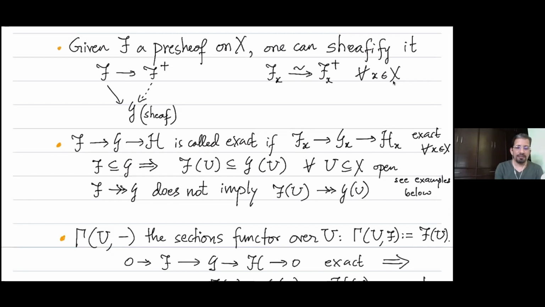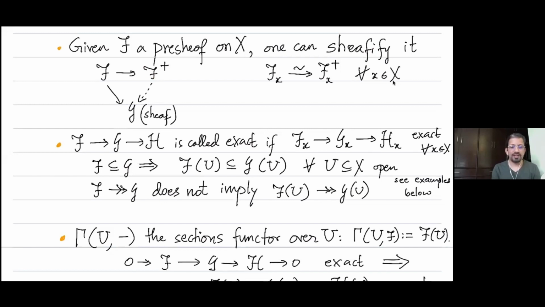The way it is made is that for any open set U, you look at all open covers of U, and over those open covers you look at various sections which agree on overlaps. Since it's only a pre-sheaf, such gluing data may not give rise to a section of F, but you look at such collections and put an obvious equivalence class on them, and then you say that such equivalence classes of data give you a section over the open set U. That is how you get the associated sheaf.